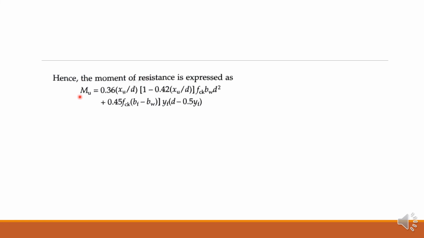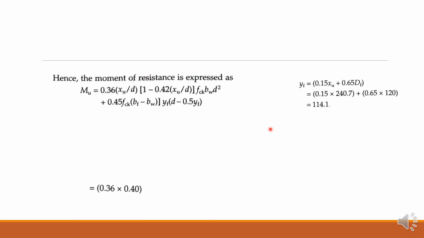Substitute all the values and finally we will get the moment of resistance. So how can we find out the YF? We know YF is equal to 0.15 XU plus 0.65 DF. So 0.15 into 240.7 plus 0.65 into 120 will be equal to 114.1 mm.